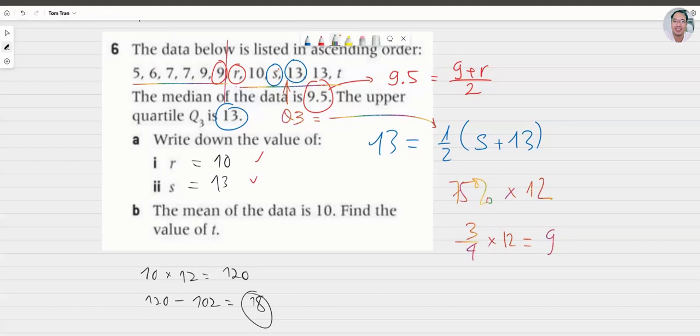So the 9th value S is the upper quartile. That is also 13. So we don't need to use the sum of S and 13, but that value S is already the Q3 upper quartile.